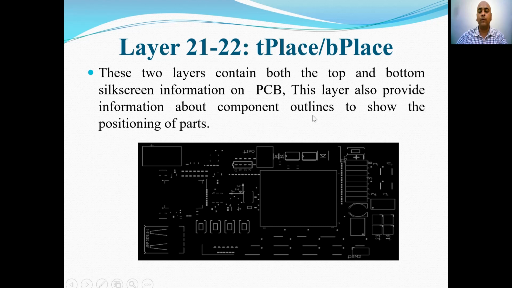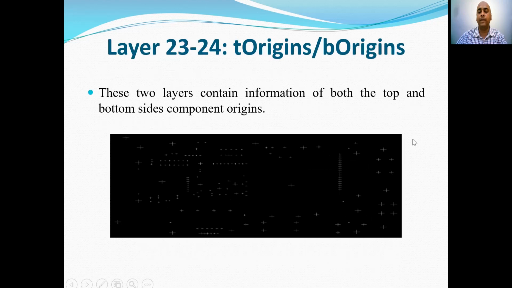This layer also provides information about component outlines to show the positioning of parts on the PCB. Layer 23 and 24 are called top origins and bottom origins. These two layers contain information of both the top and bottom side component origins.